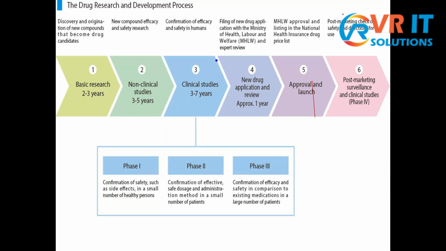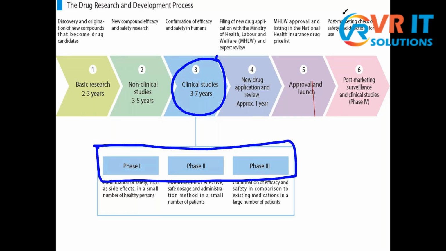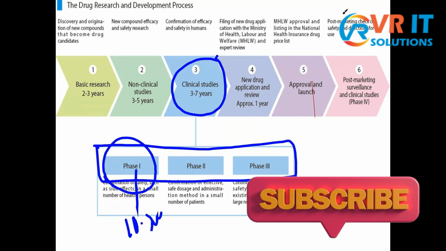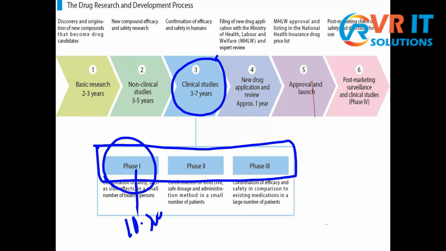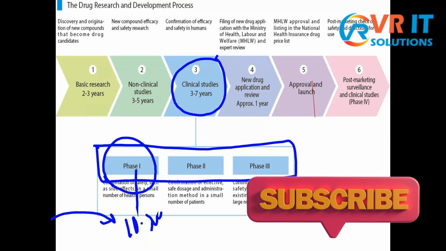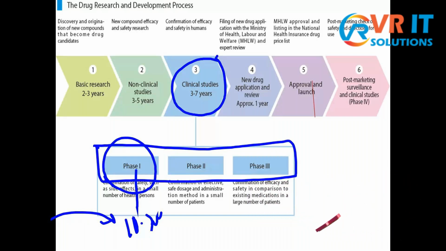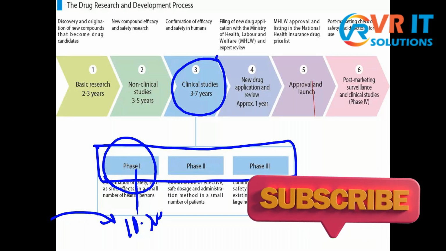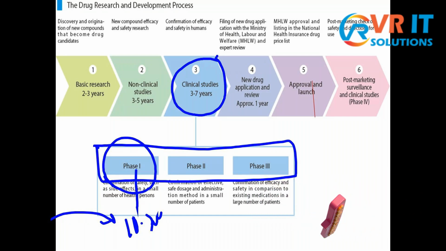These clinical trials are conducted on human beings, and the treatment is tested in different phases. So why do we have phase 1, phase 2, and phase 3? In phase 1, only a small number of people, 10 to 20, are selected. This is the first time the treatment is tested on human beings, and the safety of the drug is checked, meaning whether it causes any adverse events, what type, and how serious.